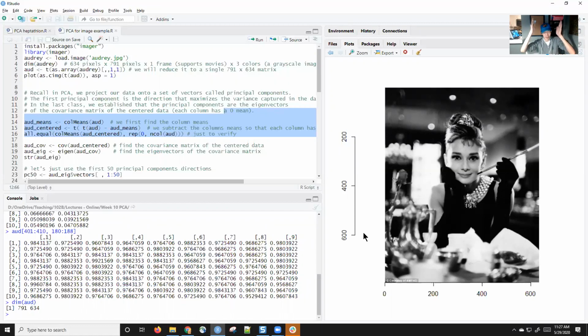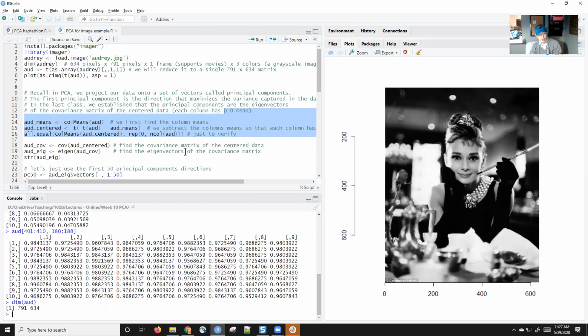Right now you can think of it as having 634 variables. What I want to do is reduce that down to, say, 50 variables. So we're going to do principal components analysis to do some dimension reduction here.